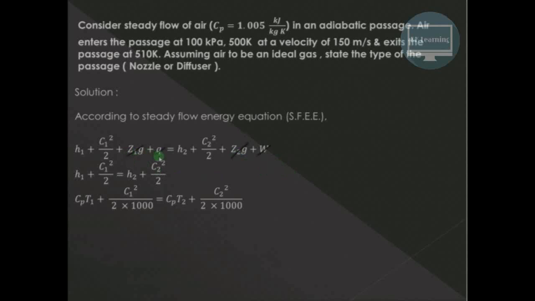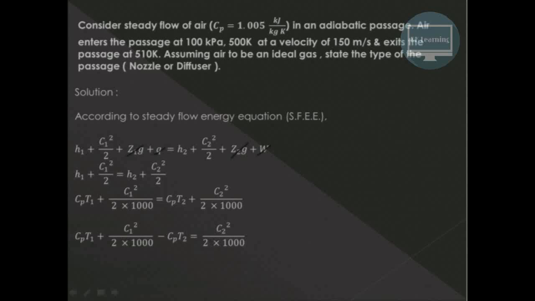So neglecting this datum head, then heat supplied and work done, we'll get the simplified form of this equation, that is H1 plus C1 square by 2 is equal to H2 plus C2 square by 2. So we know that H is equal to mCp into T. So mass is 1 kg, so it is Cp into T1 plus C1 square by 2.